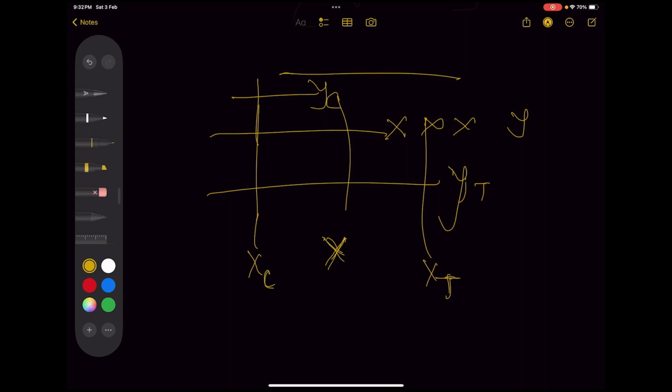Now, if they are also between the y coordinates, then it would be a non-valid fence. So that's what I'm checking.